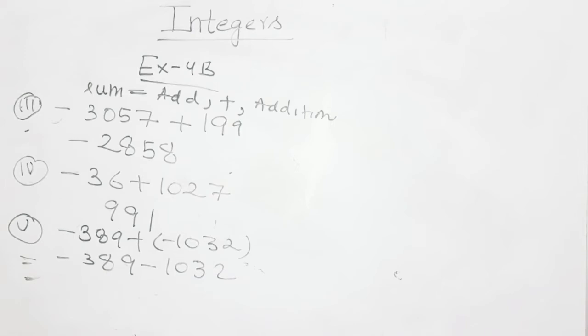Reply with your answers in the comment section. Minus minus plus, but which sign will be used? Minus will be used. So 1032 plus 389 will be minus 1421. I hope it is clear now. Coming to the sixth option. Please pay attention, students.